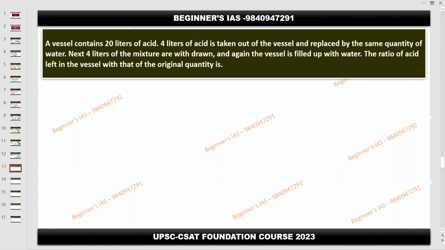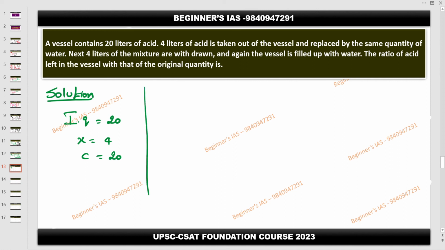Clear? Yes, sir. Fine. So now what is the initial quantity? IQ is 20. Then x is nothing but 4, and n is nothing but 2. Yes, sir.